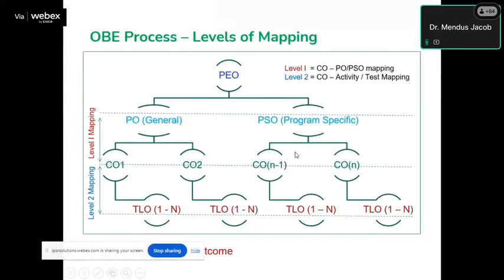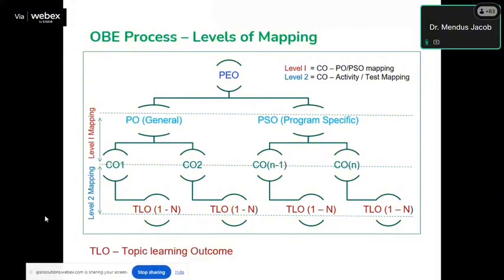Now coming to the mapping process. In OBE, we have two levels of mapping. Level 1 is CO to PO mapping or CO to PSO mapping. If you have both PO and PSO, CO to PO mapping and CO to PSO mapping is level 1. Then level 2 mapping means each and every activity or assessment we conduct for the course, we have to map with the respective course outcomes.